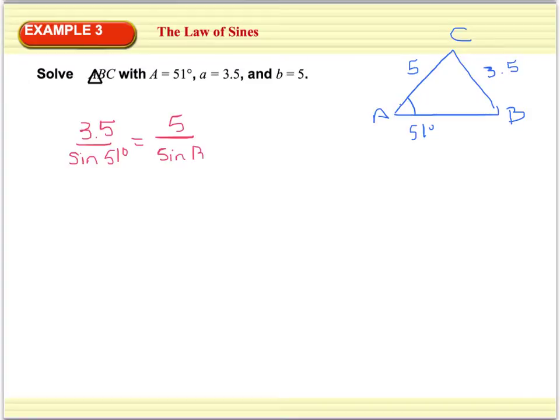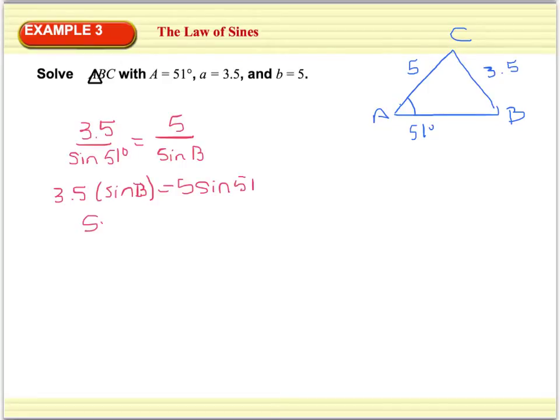So when I cross multiply, I have 3.5 times the sine of B is equal to 5 times the sine of 51 degrees.